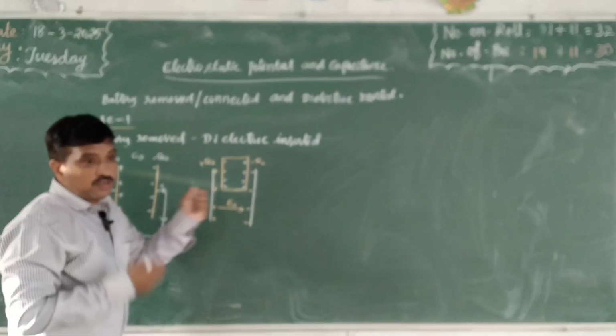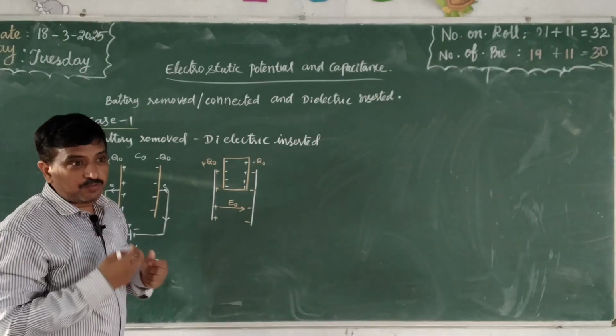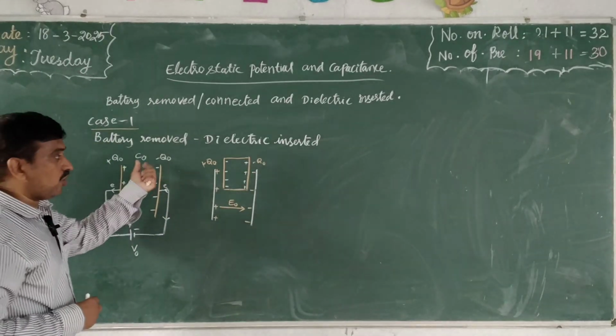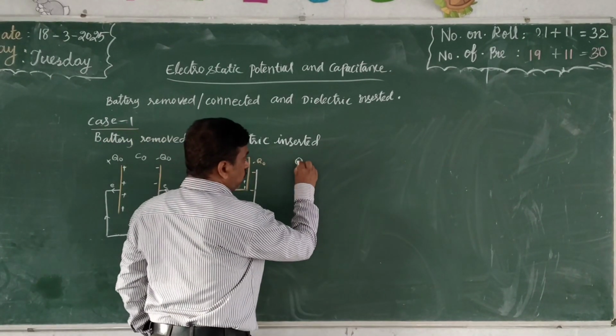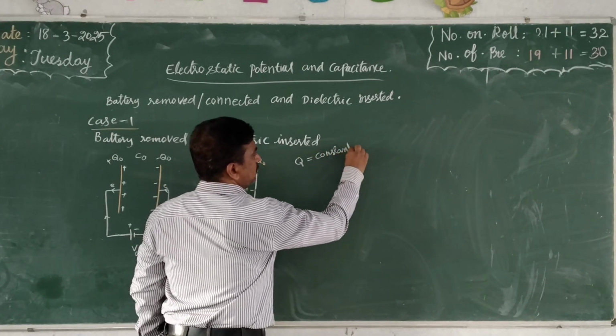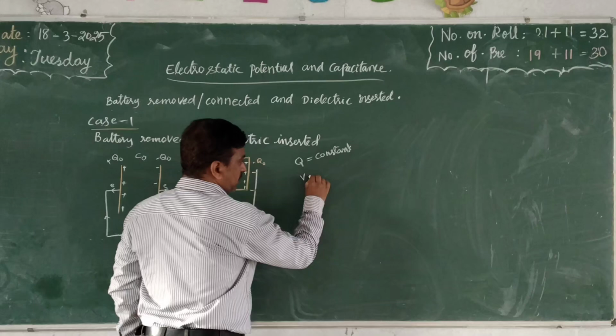So when the dielectric is inserted between the parallel plates and the battery is removed, what happened? The charge Q naught is constant, the charge is not changed. Only the potential changes.